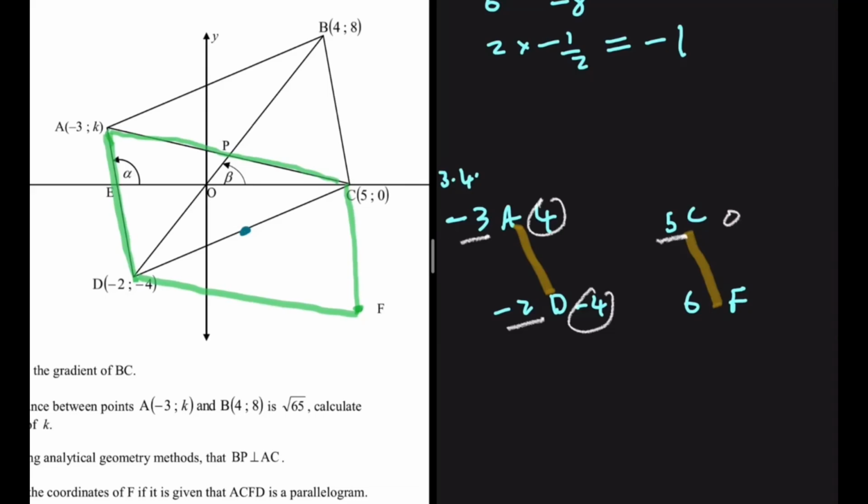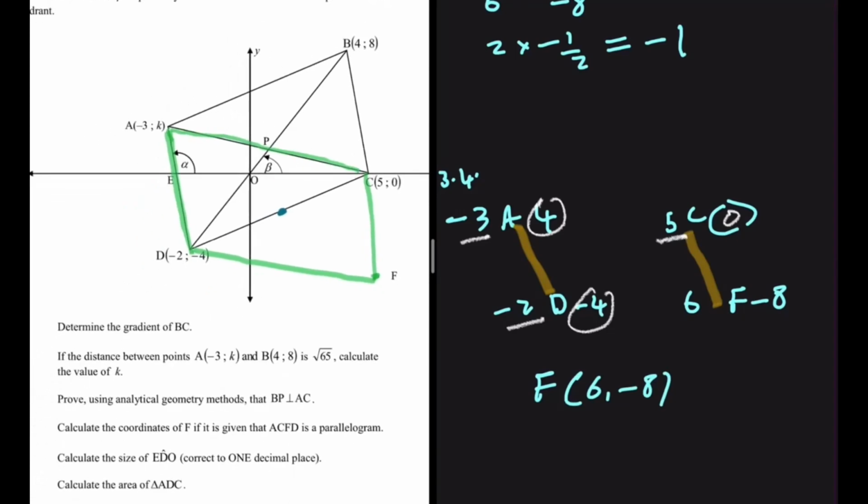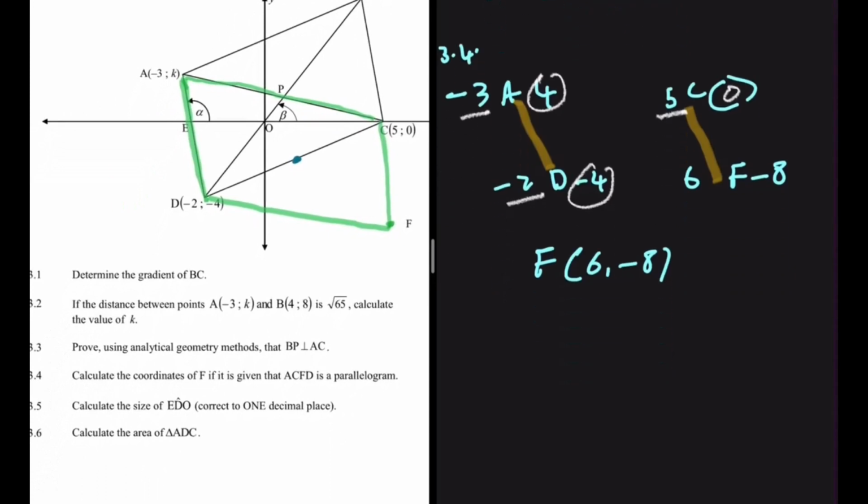So the way the y values of A and D differ shall be the same way the y values of C and F differ. So that will be 0 minus 8, which is -8. So the coordinates of F is (6, -8). Yeah, so you can do that instead of using the midpoint. All right, let's move to the following question.